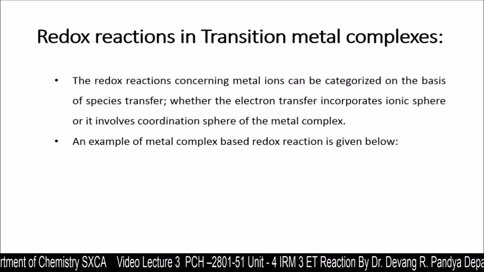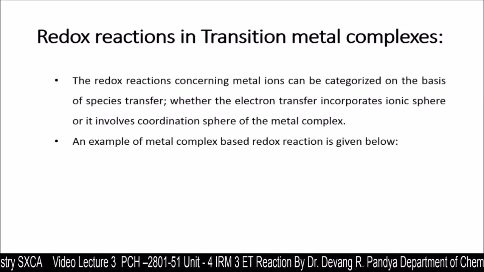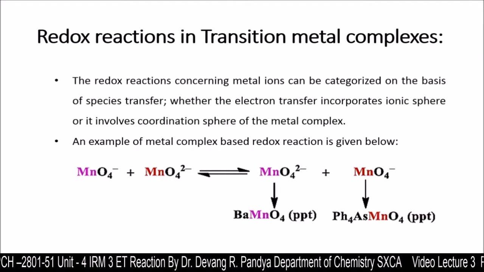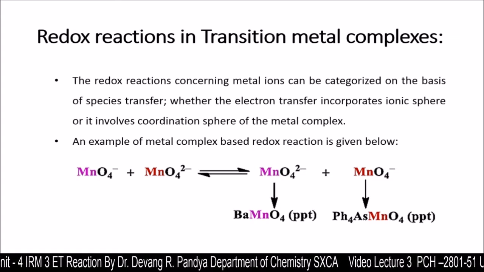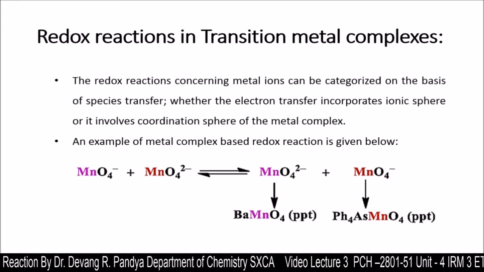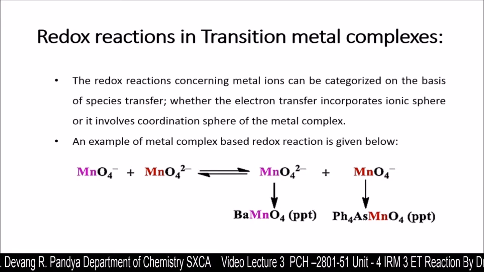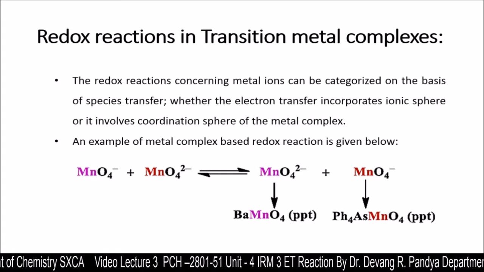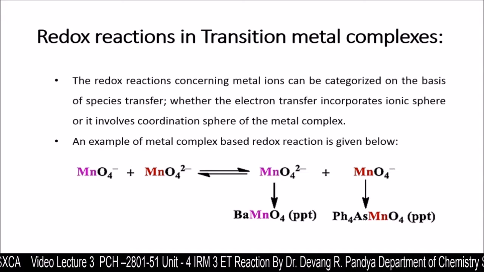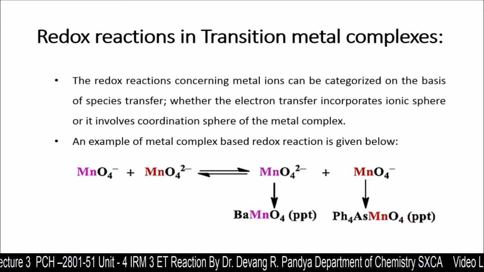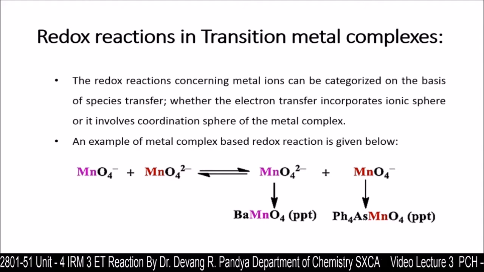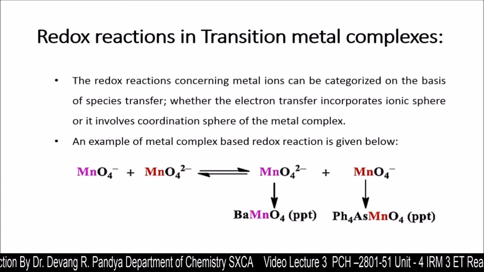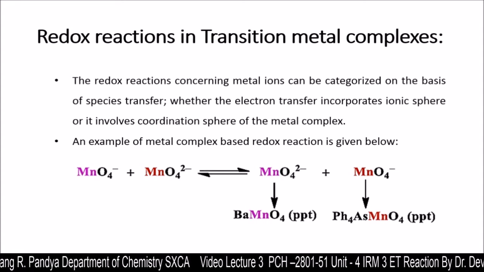An example of a metal complex based redox reaction we can find over here, where MnO4- and manganate MnO4 2-. Here the metal manganese, you can understand the oxidation state varies in manganese, and manganese, as you know, is a versatile element in the entire periodic table, having oxidation states from +2 to +7, variable oxidation state available.